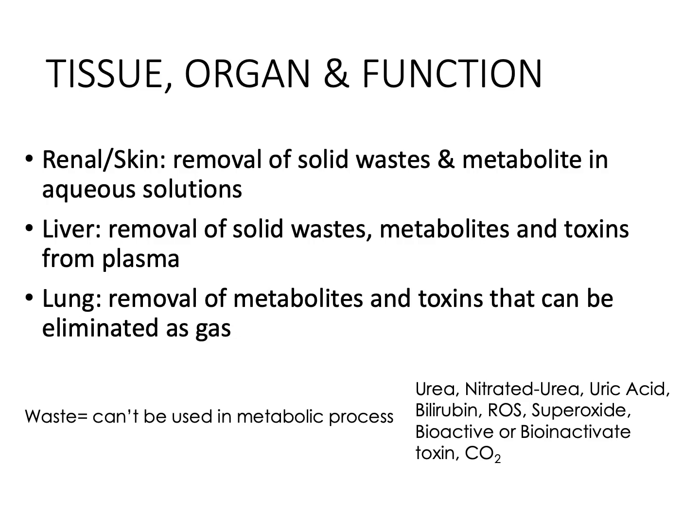And so these are things like urea, nitrated urea, uric acid, bilirubin, ROSs, reactive oxidative species, superoxides, bioactive or bioinactive toxins. These are metabolites that have been manipulated by either hepatocytes or by nephronic cells in terms of their chemical nature, or carbon dioxide.